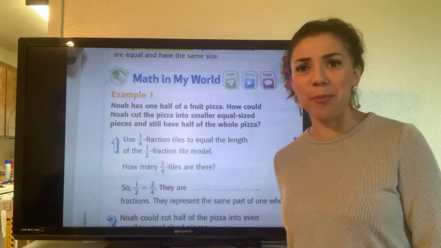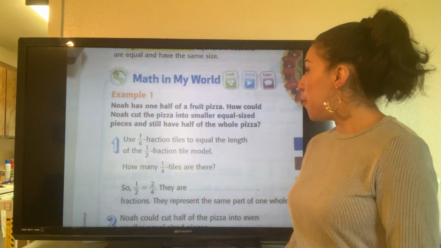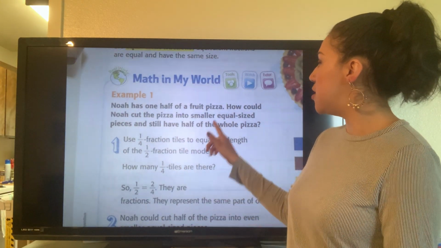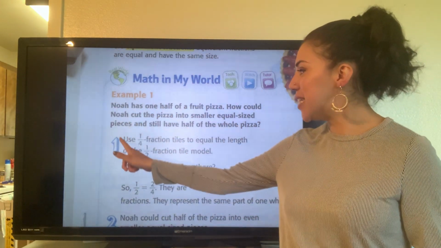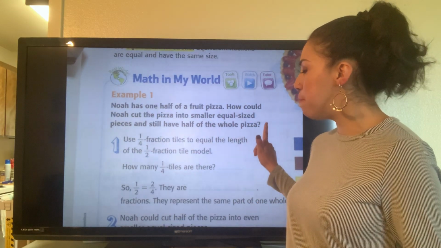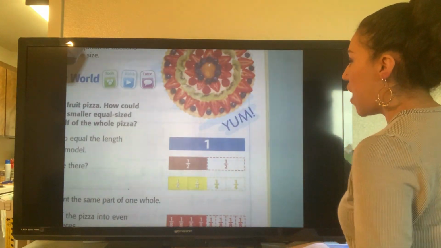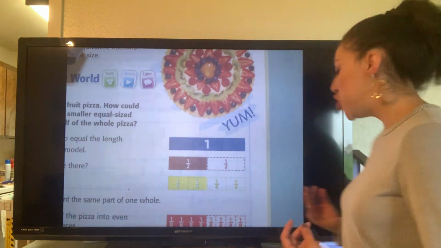Okay, Noah. Half a pizza? All right, so he wants to cut the pizza into smaller, equal-sized pieces and still have half of the whole pizza.